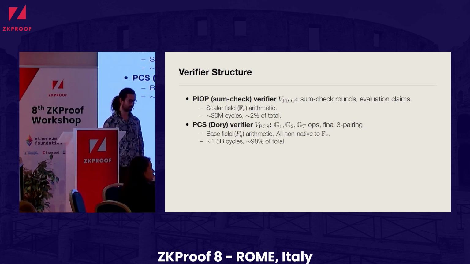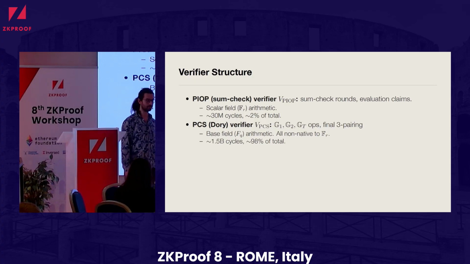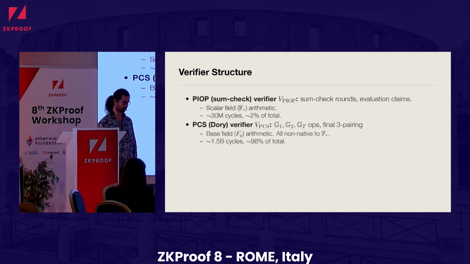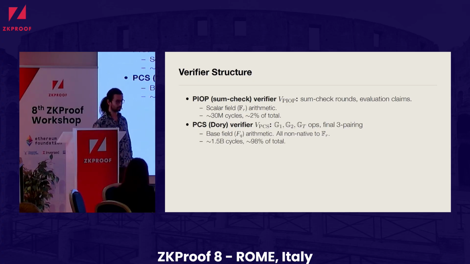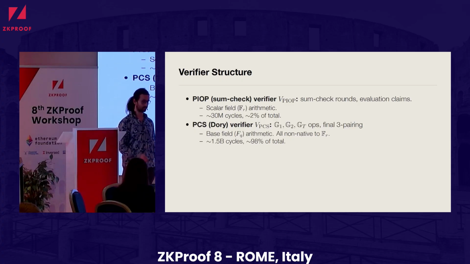So one thing that the Jolt team has been doing for many years now is both applying the SumCheck protocol to many different problems, but also understanding the structure of the computation to make it more efficient. In modern SNARKs, as we can see in many different talks this weekend, they are composed of a PIOP and a PCS.